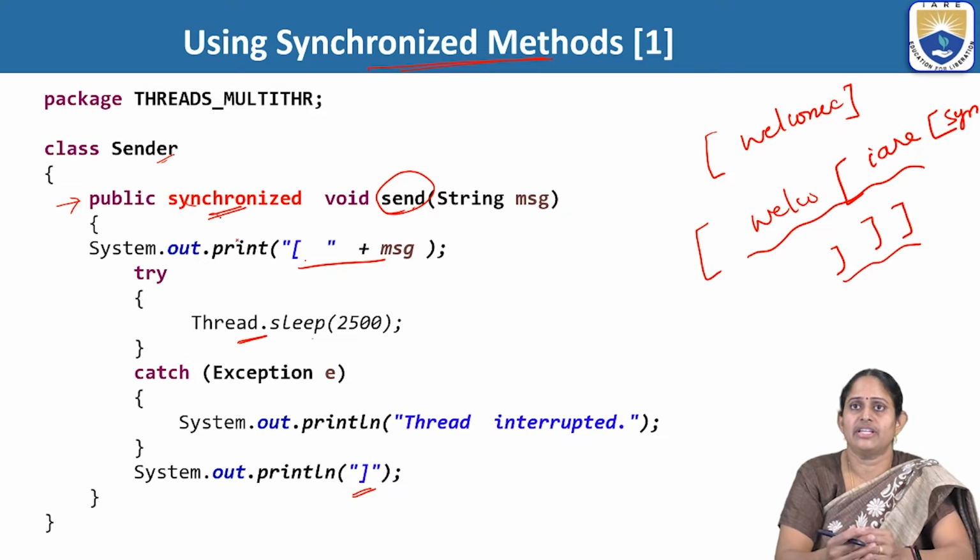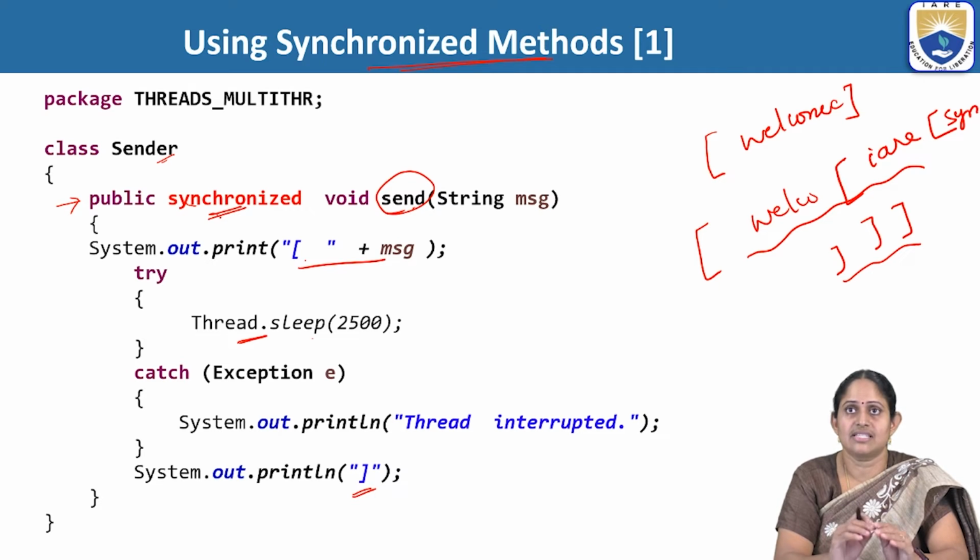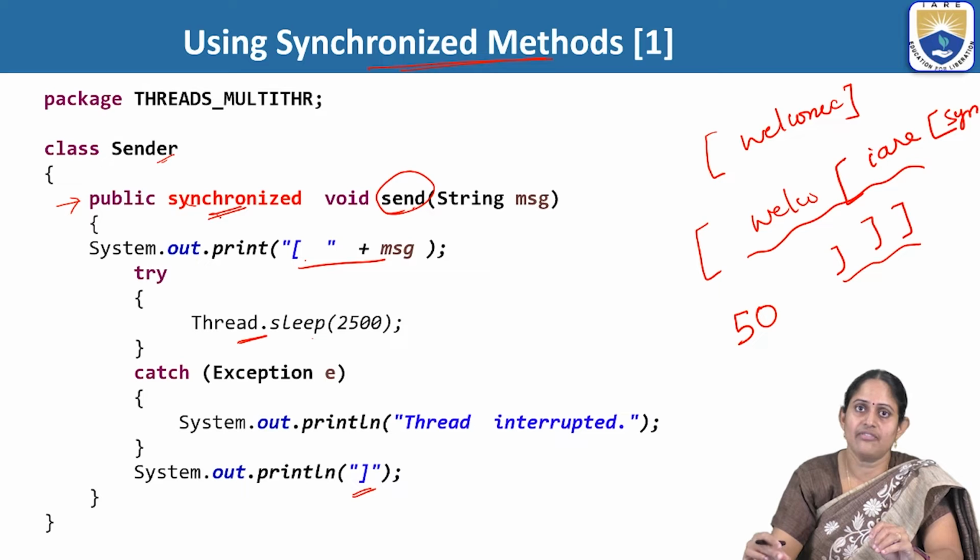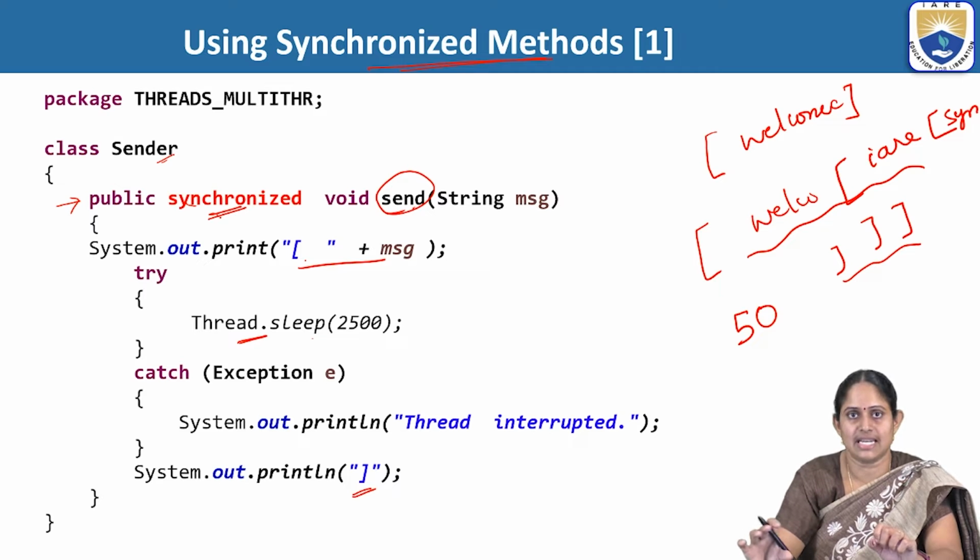Now, another way of achieving synchronization is by making use of synchronized statements. Let's say we are having 50 lines of code, of which we don't have to synchronize all 50 lines. We want to synchronize only, let's say, 5 or 6 lines of that code.